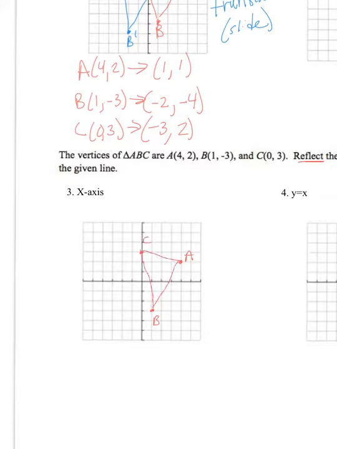And now when you're doing reflections over the x-axis, there's just a couple formulas you should know. So the formula for the x-axis, and this would be helpful to write for your exam, is when you have an original coordinate x, y, you change it to x, negative y.